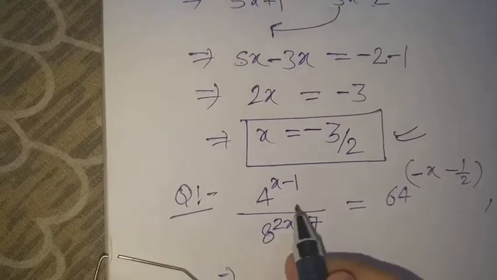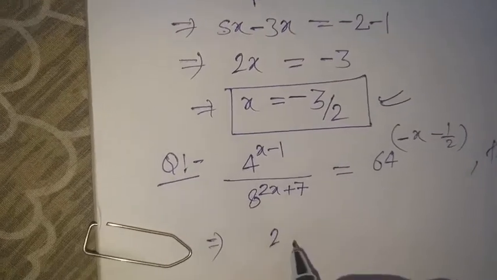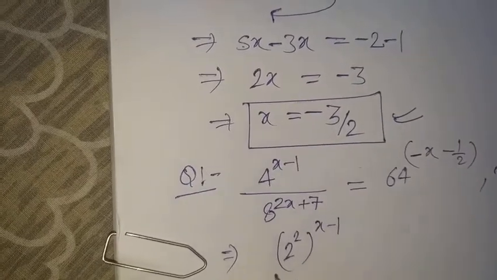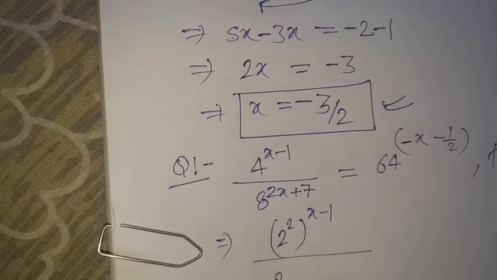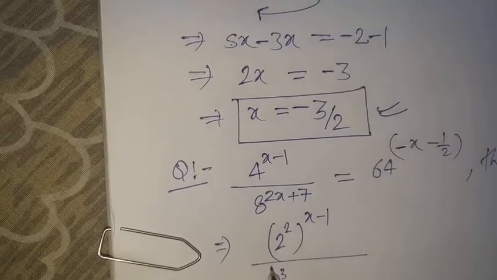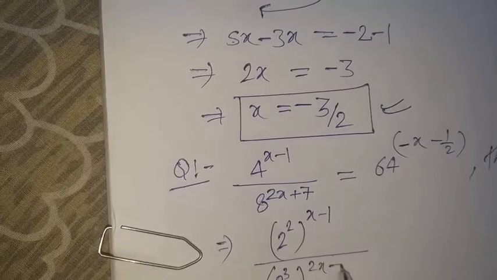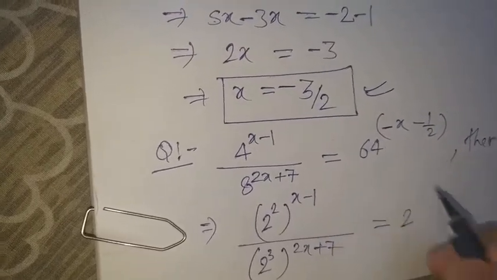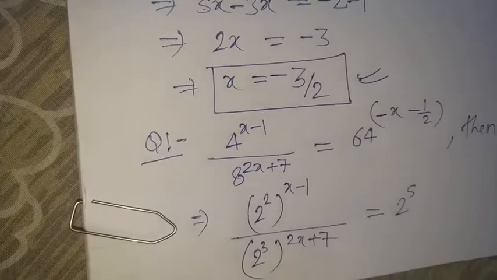We will convert it into (2 square) whole to the power x minus 1 upon (2 cube) whole to the power 2x plus 7 equals to, what is this? 2, how much power?